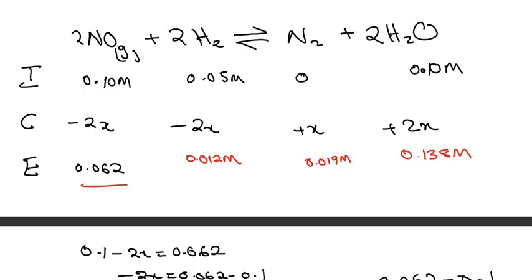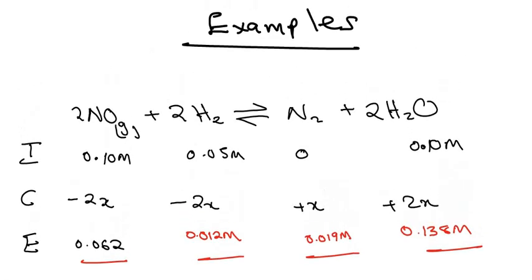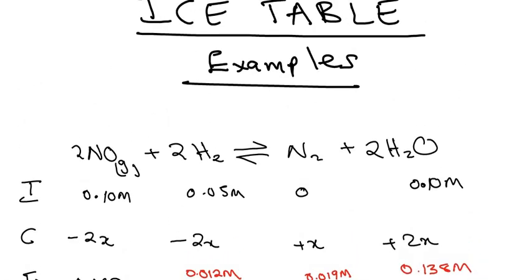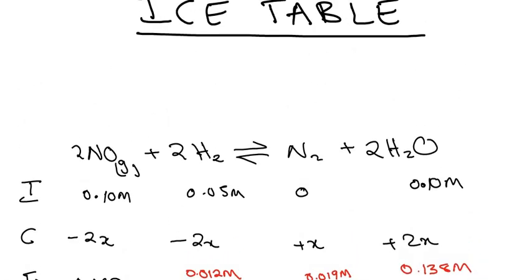So these are the concentrations at equilibrium that we can use to get our equilibrium constant. So now we come here, we just write the expression.